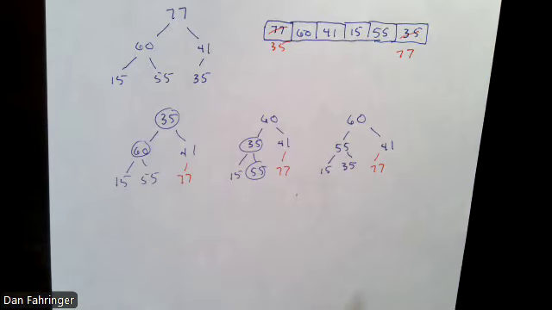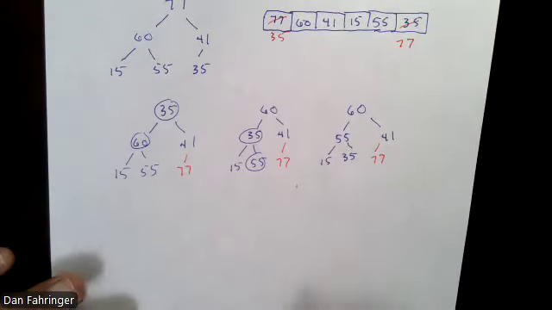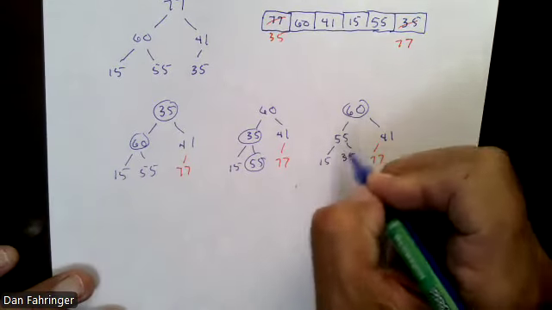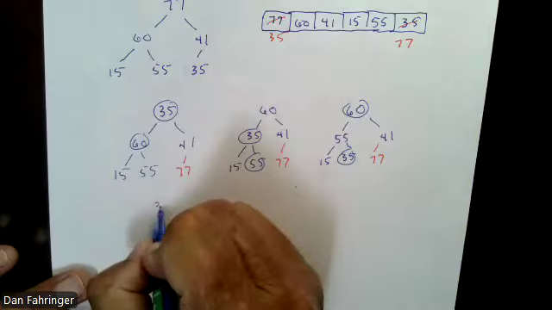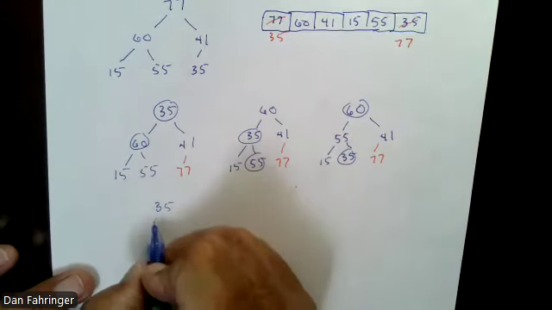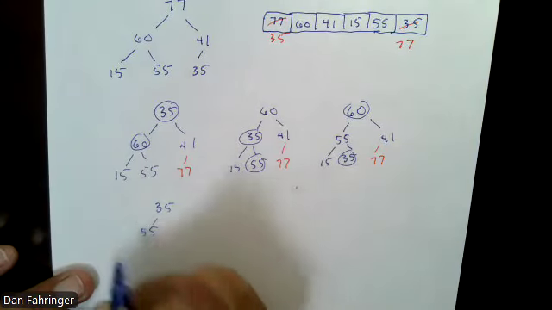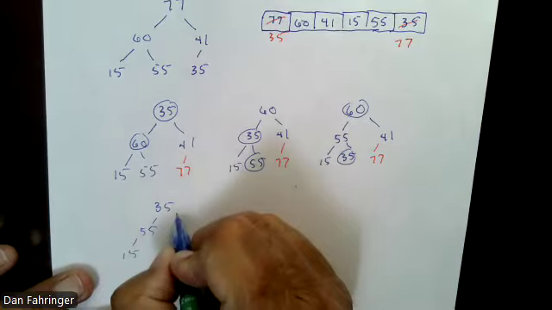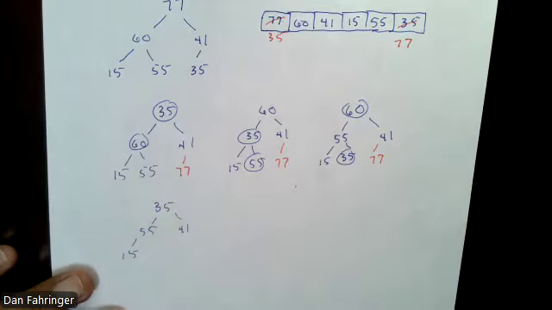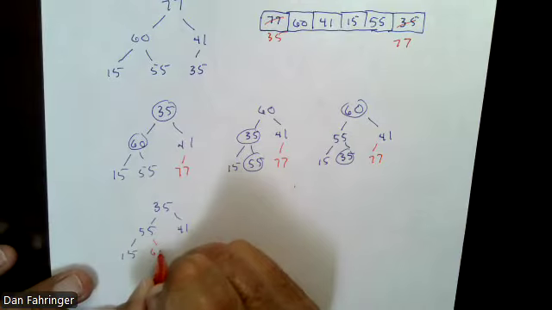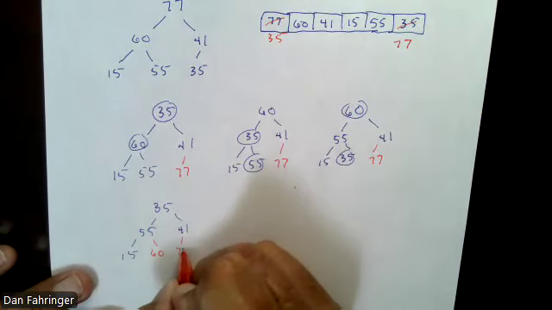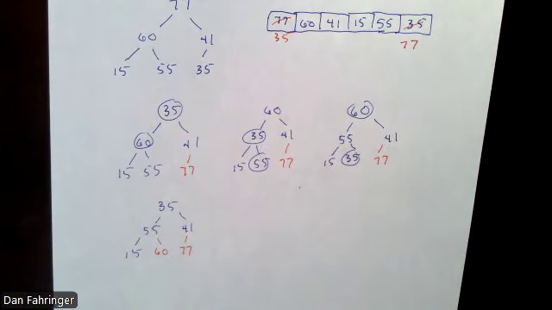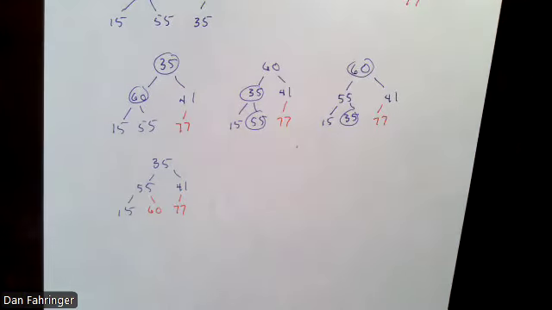Do it again. What am I going to switch? The 60 and the 35. So now I have 35 at the top, 55, 15, 41, and 60 is now locked in place. 77 is now locked in place. Now that I did the swap, I'm going to heapify.